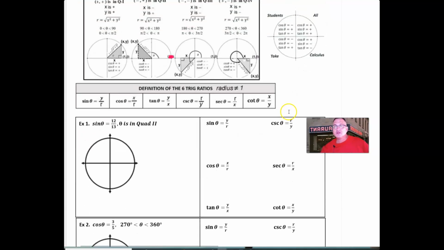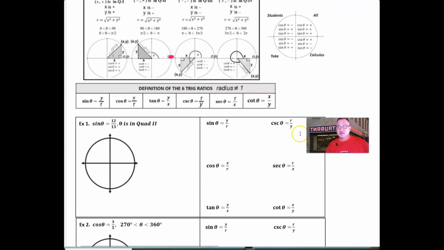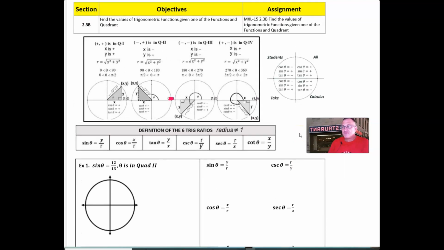All right, so here's what it's asking us to do. You're given one trig ratio. In this case, you're given sine. And then from that sine, you're also told that the angle is in quadrant 2. So if that sine's positive and the angle's in quadrant 2, I'm going to draw a triangle that looks like this one right here, because that angle is in quadrant 2.